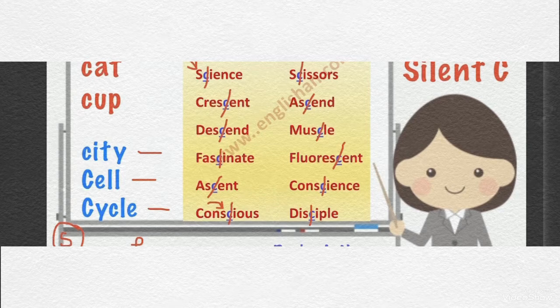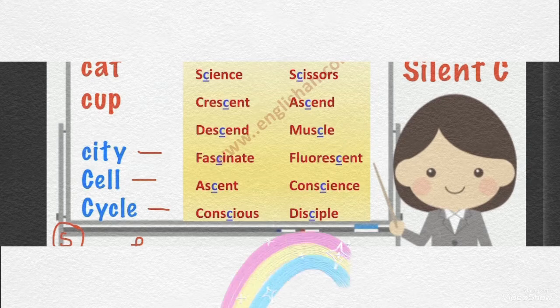So let's read all the words again with silent letter C. Let's read them together and try to repeat after me, my dear students.